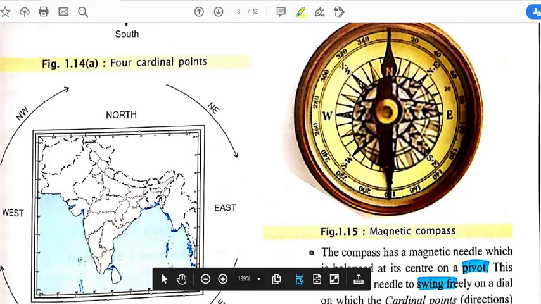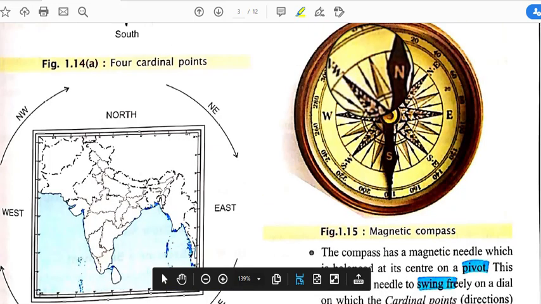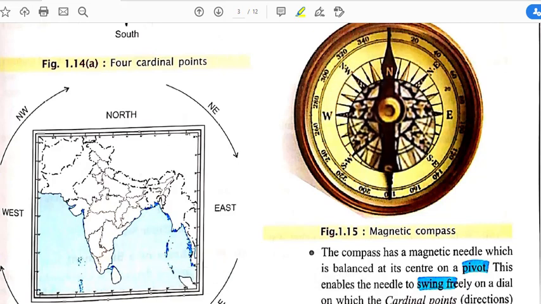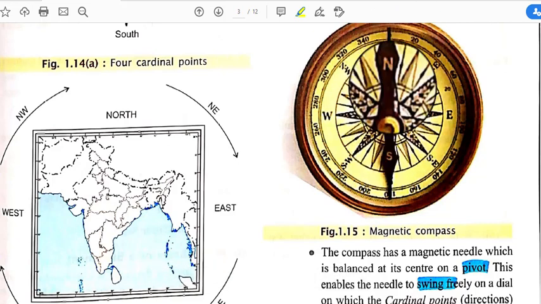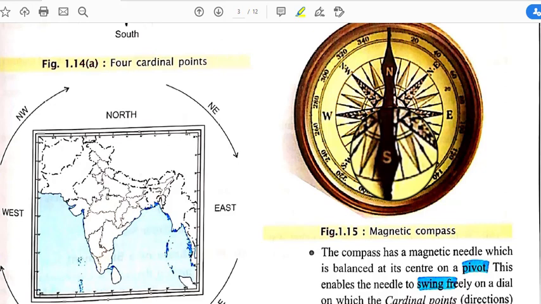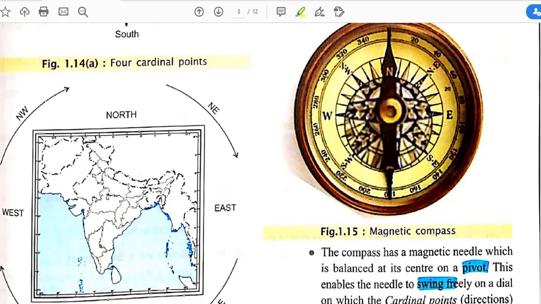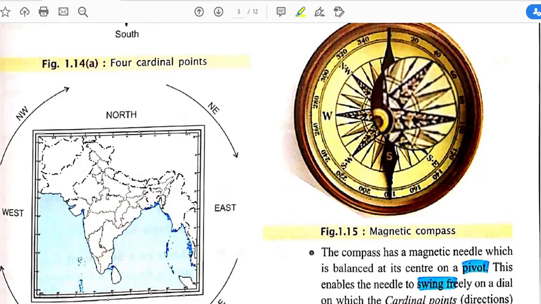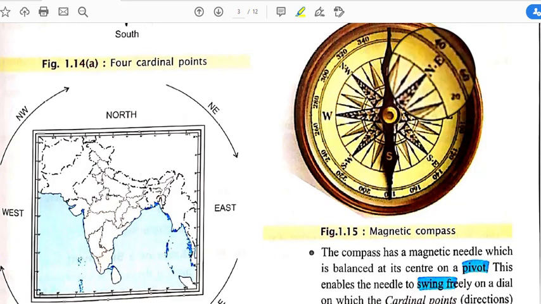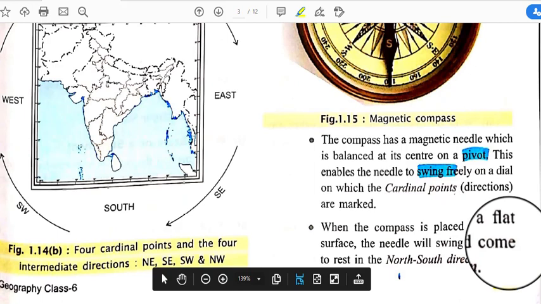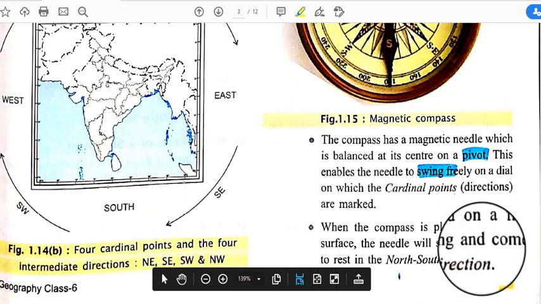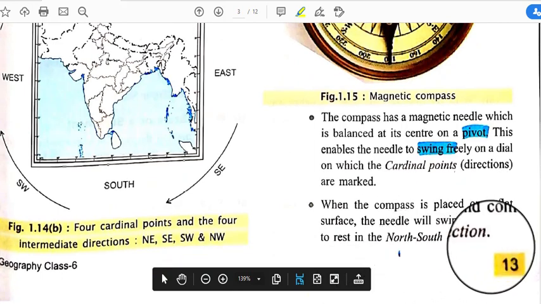The two needle portions rotate with the help of the pivot, and they show the cardinal directions or the intermediate directions. When the compass is placed on a flat surface, the needle will swing and come to rest in the north-south direction.